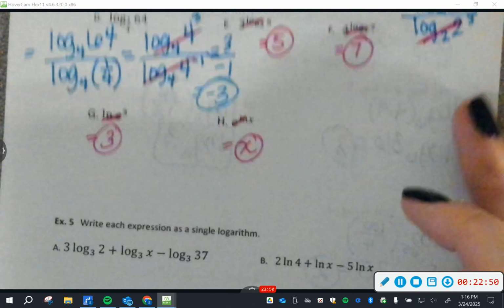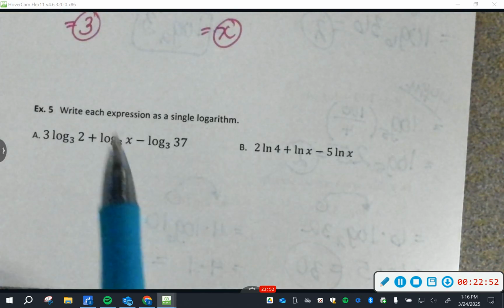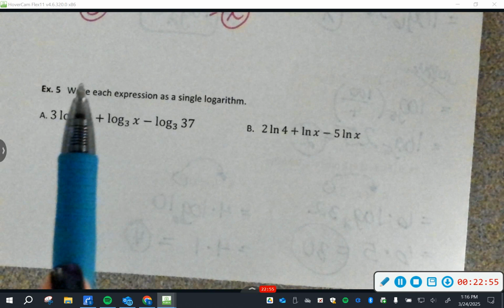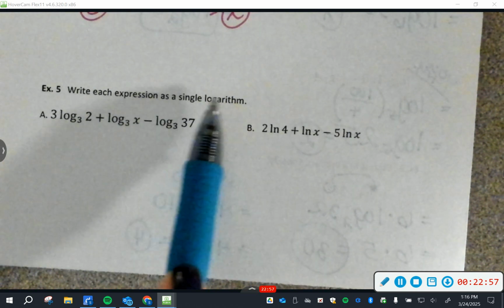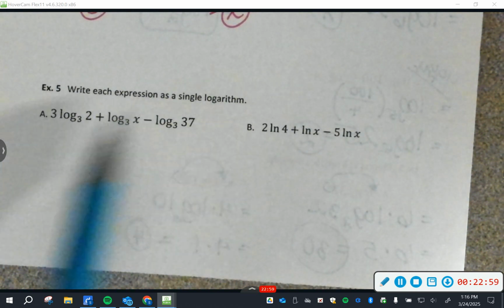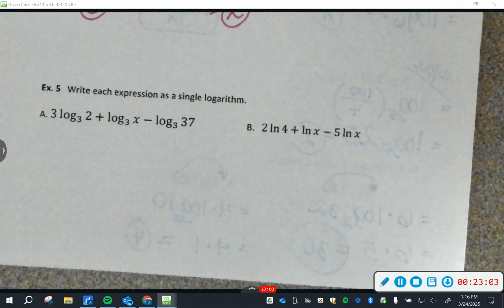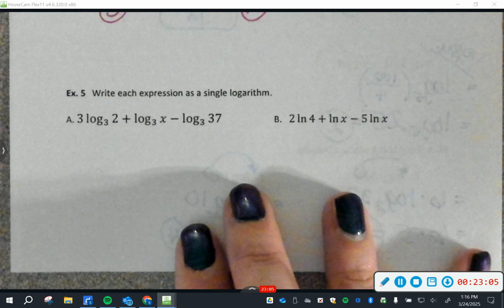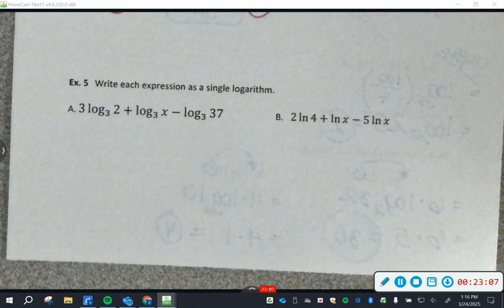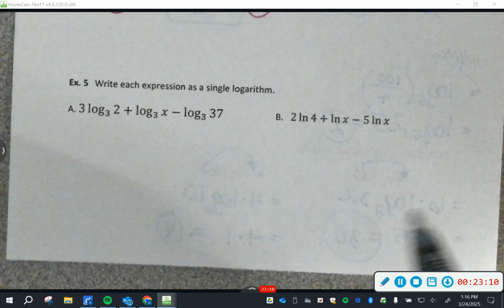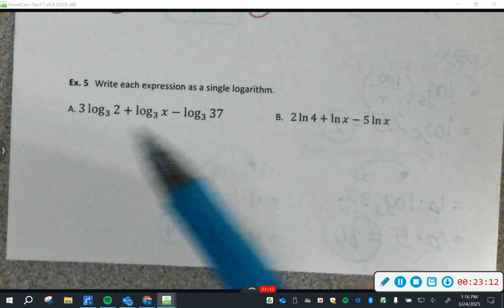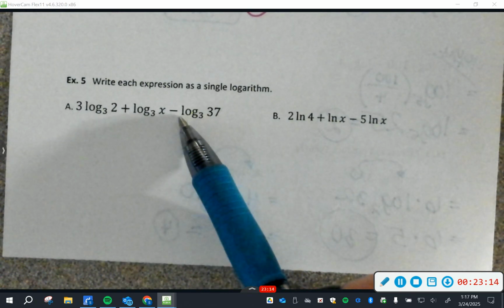Okay. Now we're going to go back to the properties from the front. Write each expression as a single logarithm. Okay? So end goal, we want to write log one time. So you kind of follow PEMDAS here. You do the multiplying and the powers before you handle addition and subtraction.